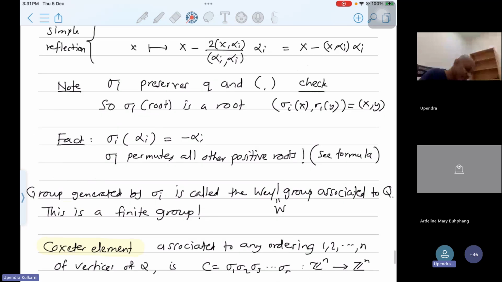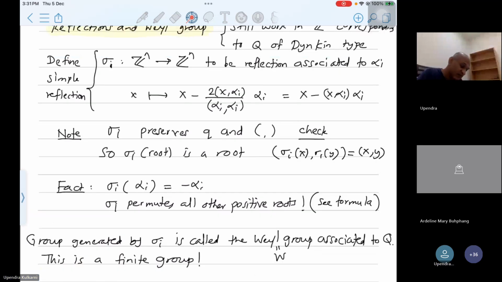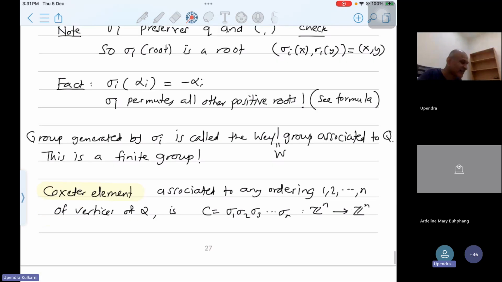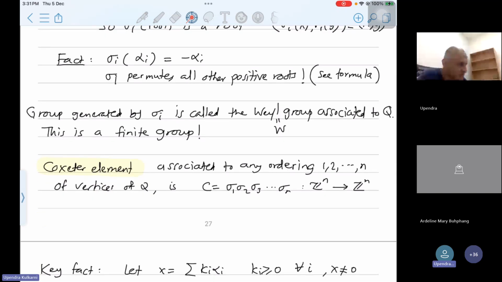It becomes precisely sigma_i applied to the dimension vector. So the fact that I can take a dimension vector of an indecomposable representation and somehow keep applying sigma_i's to it until I get something which has negative components.